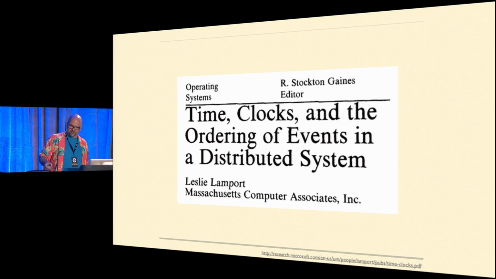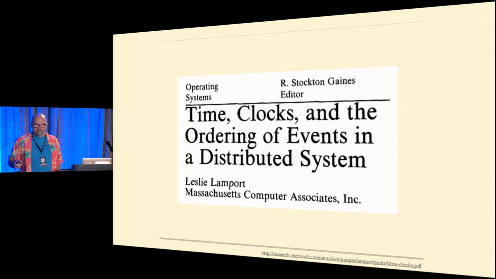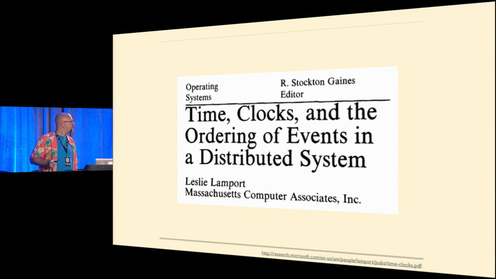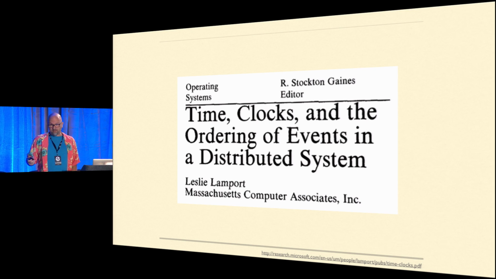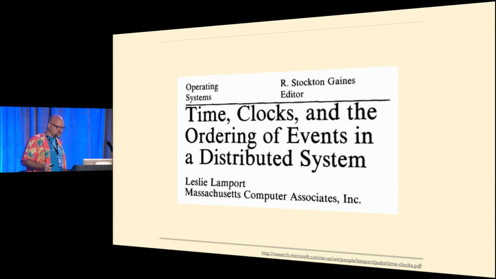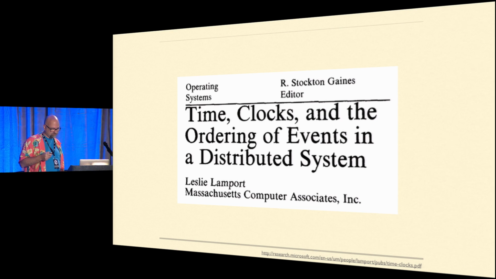Leslie recognized that hardware clocks were bad. Of course, in the 70s, I would imagine hardware clocks were even worse than they are today. There was no NTP yet. He was looking at the general problem of how you distinguish time in an intelligible way in a distributed system.